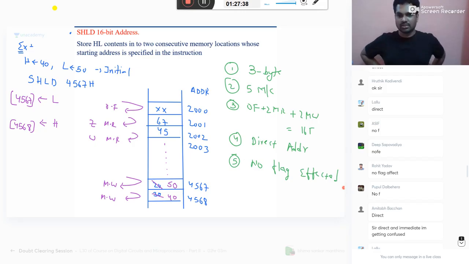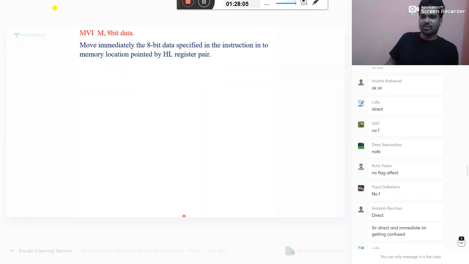You also have the arithmetic group, logical group, branch transfer group, and machine control group of instructions.